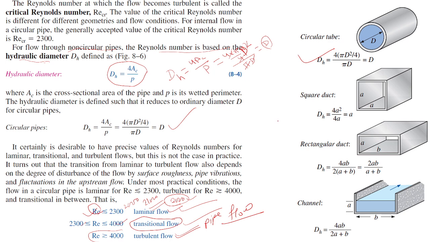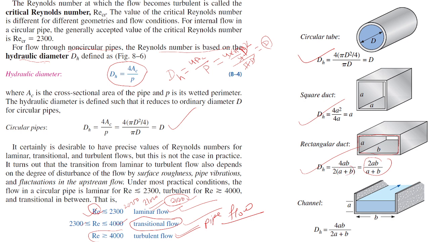In this figure, for a square duct of side A, and for a rectangular duct, the perimeter is B plus A plus B plus A, so that is 2A plus 2B.